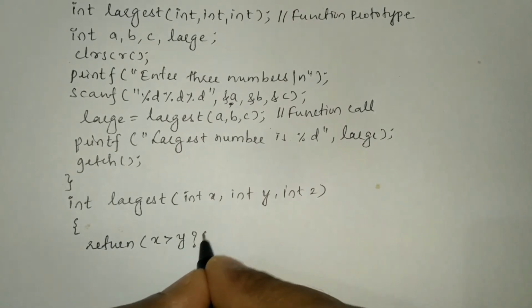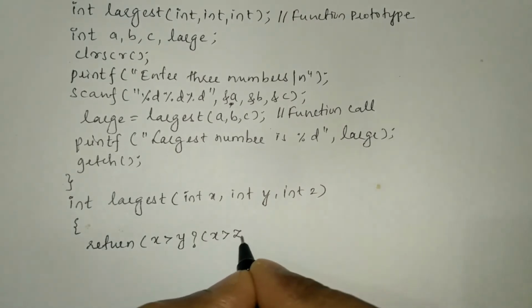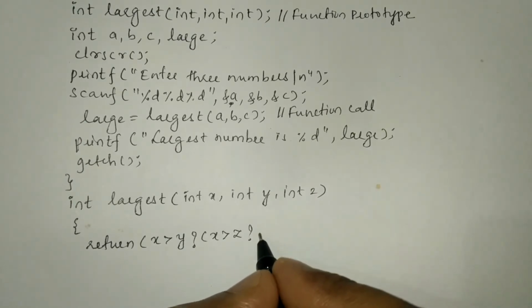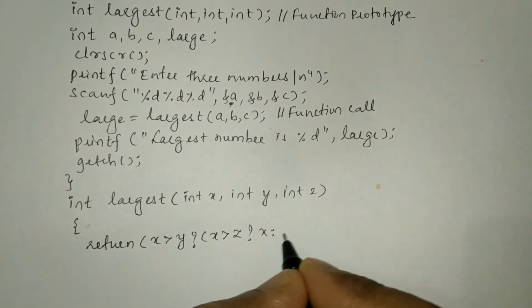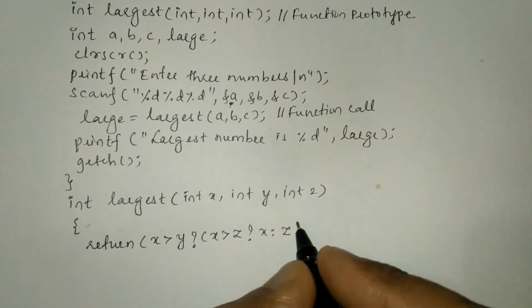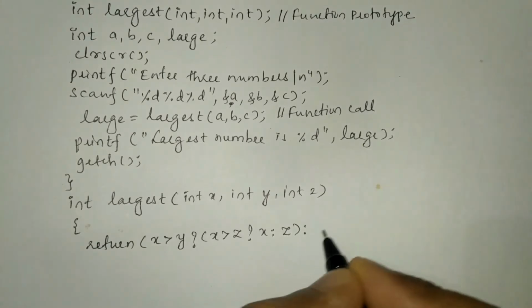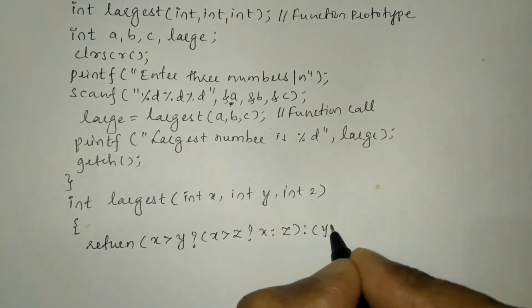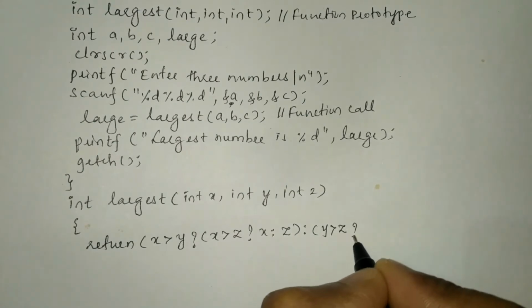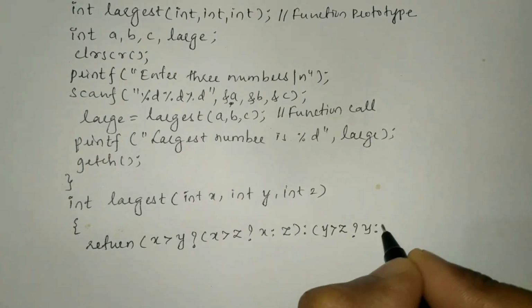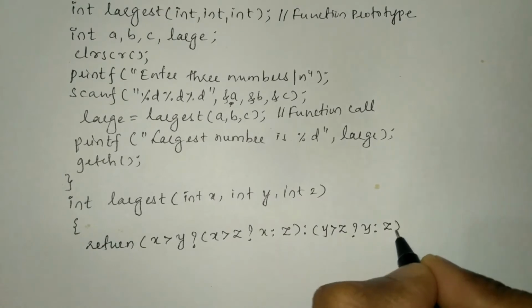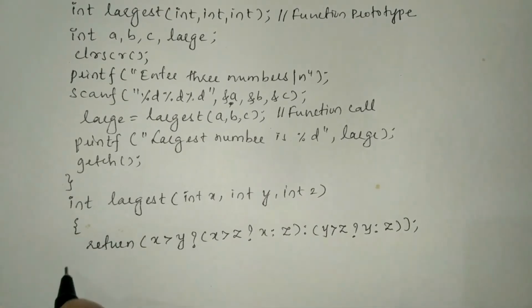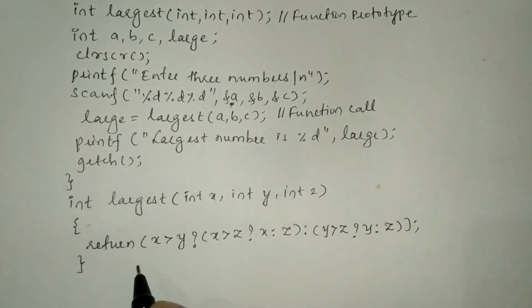If it is true, check x is greater than z. If it is true, then x is largest, otherwise z is largest. Then we'll put colon here: y is greater than z. If it is true, then y is largest, otherwise z is largest, and put semicolon. Now curly closing brace for this particular function definition.